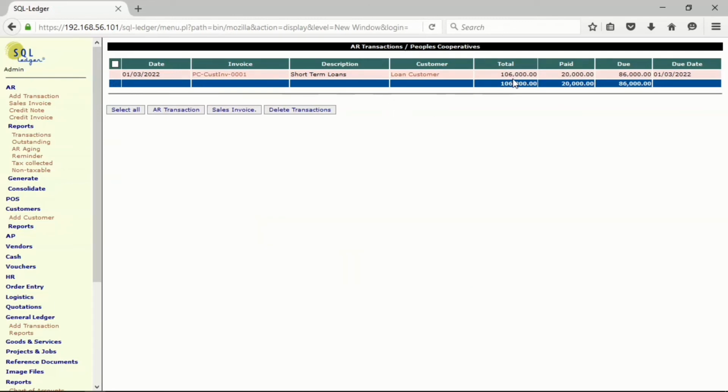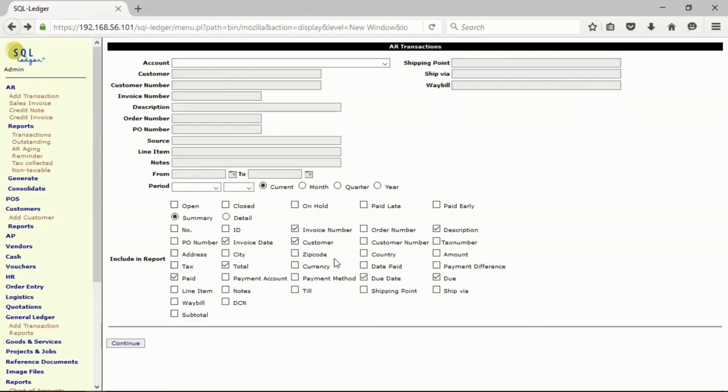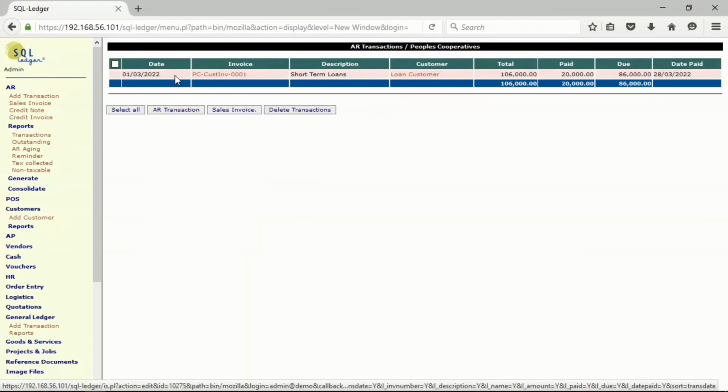He has paid 20,000 and is owing 86,000, and the date he paid is also given. The due date is given there. We could select the date that he paid, which is the date paid. Good. This was the date that he paid.